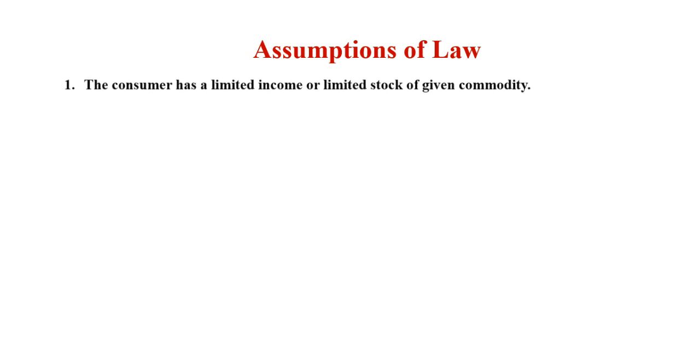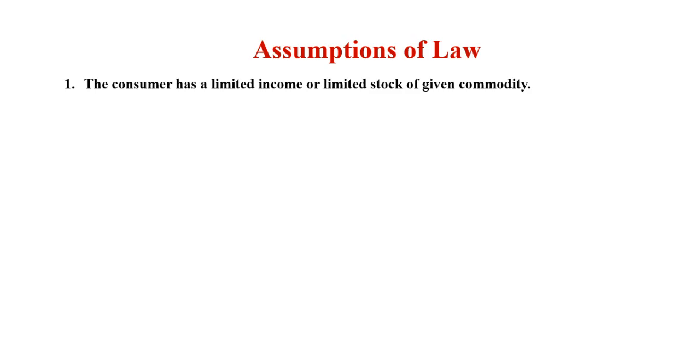This law is based on certain assumptions. The consumer has a limited income or limited stock of a given commodity. It means the income of the consumer is limited and it is constant also.